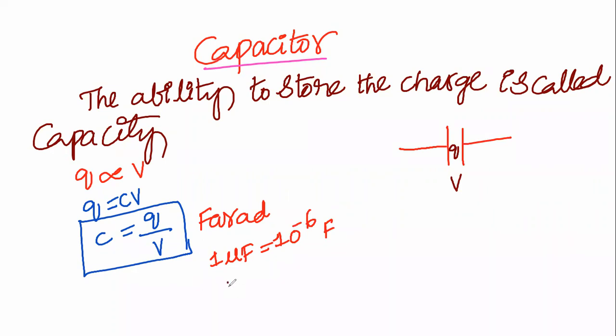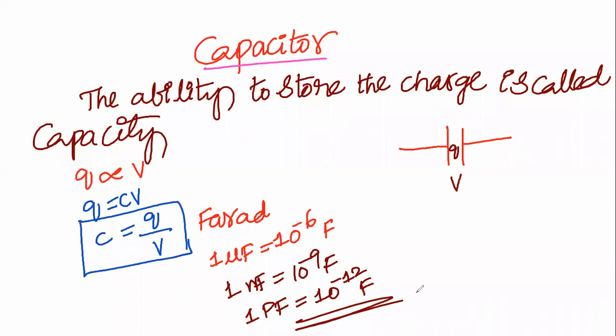Or picofarad. 1 nanofarad is equal to 10 power minus 9 farad. 1 picofarad is equal to 10 power minus 12 farads.